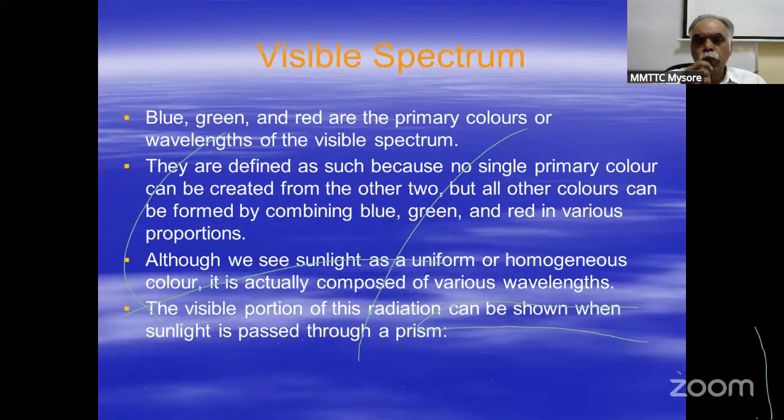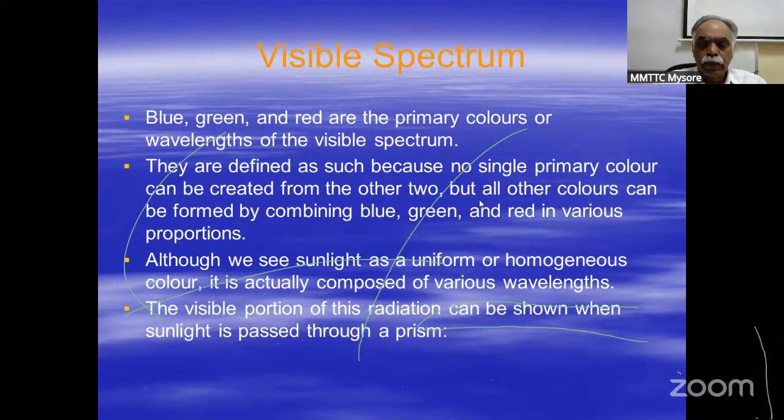So blue, green, and red are the primary colors of wavelengths of the visible spectrum. As I already told you, BGR or RGB are the primary colors. From this, you can make any type of color. So 1 million colors can be made; if you go to any paint shop and give any color, they will get you a combination of these three through the computer, and you will get that color paint.